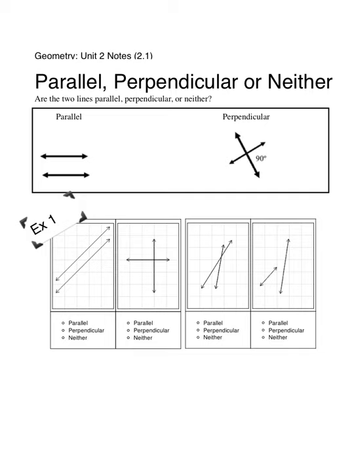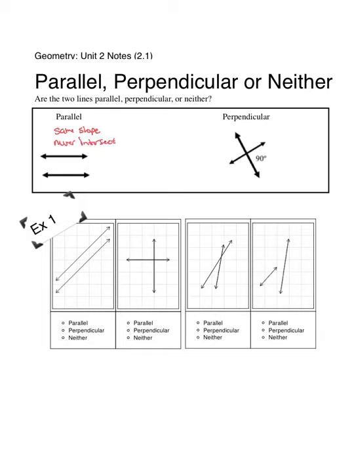Now, back in Unit 6 in algebra, and a little bit in Unit 5, you learned about parallel and perpendicular lines. You learned how to recognize them from a linear equation. Parallel lines have the same slope, which means they will never intersect.